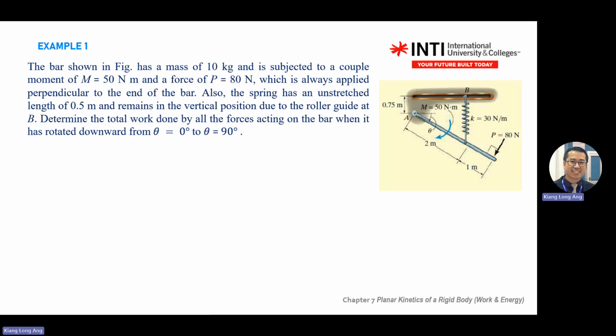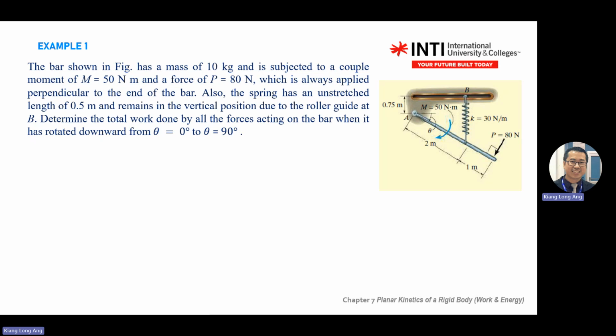Work done by all forces acting on the bar when it is rotated downwards from 0 degrees to 90 degrees. So 0 degrees means this one here, which is 0.75. The spring initially is 0.5.